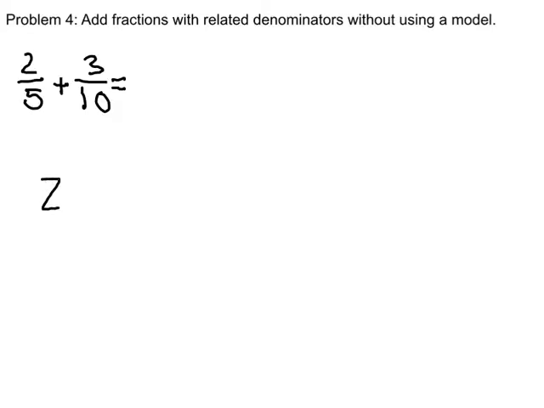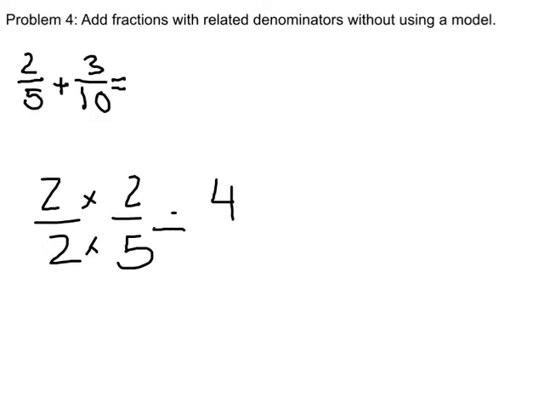So I'm going to go 2 over 2 times 2 over 5, and what I end up with is 4. 2 times 2 is 4, and I know that 2 times 5 is 10. Now, look at that. I have matching denominators.